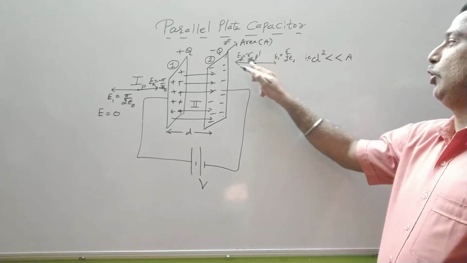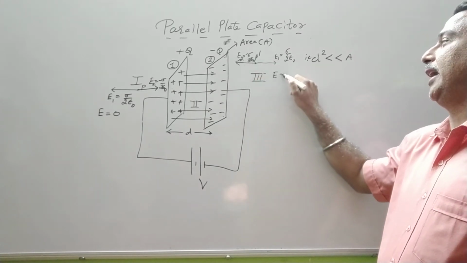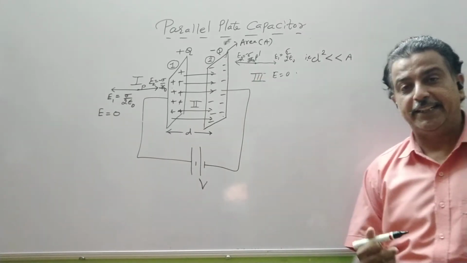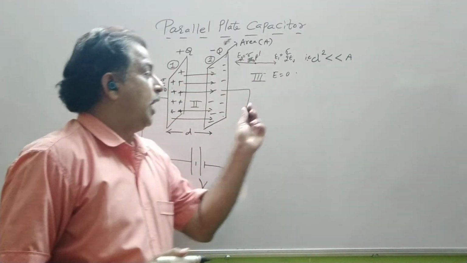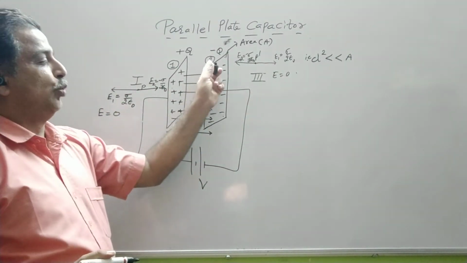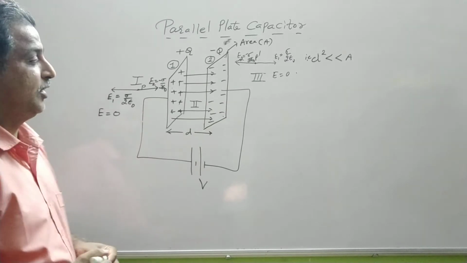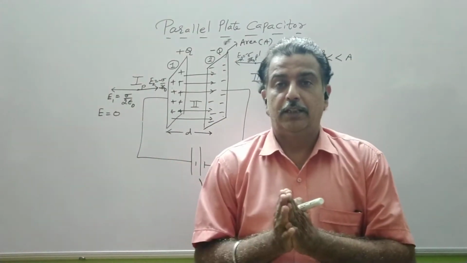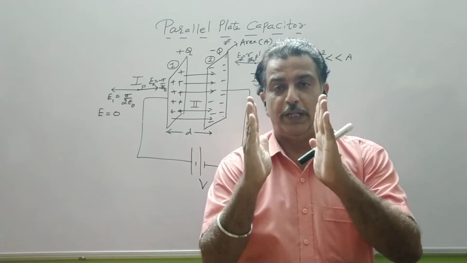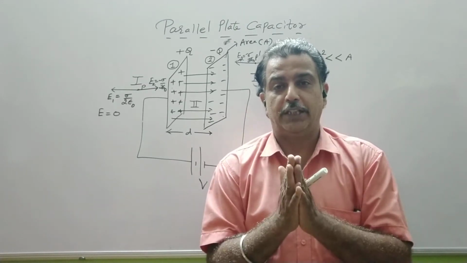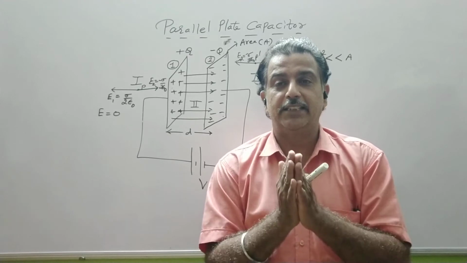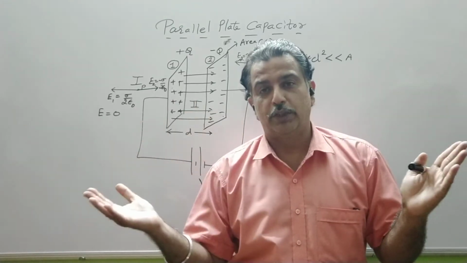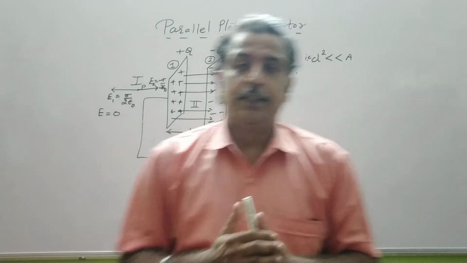Again both are equal in magnitude and opposite in direction. So the electric field intensity in the outer region of plate 2, or in region 3, is 0. So we conclude that when we consider a system of two plates kept parallel to each other, the electric field intensity outside both plates comes out to be 0.